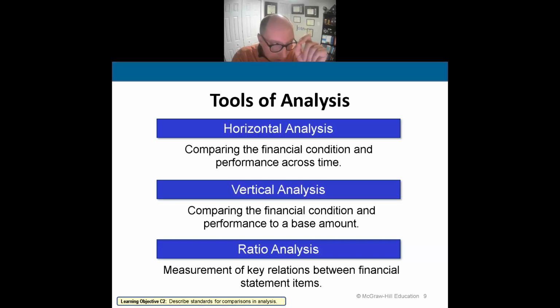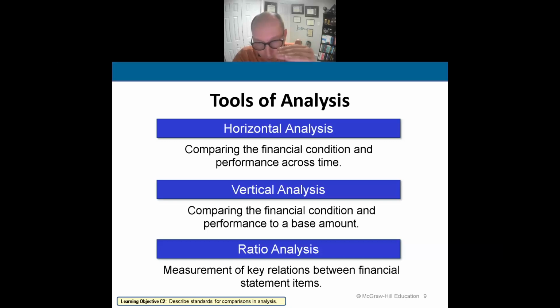What this means is I can identify all of my expenses expressed as a percentage of total revenue to determine the percent change in each of those line items over time. Okay? So if I look at 2022, for example, and let's say my revenue is $1 million and I have expenses of 500,000.